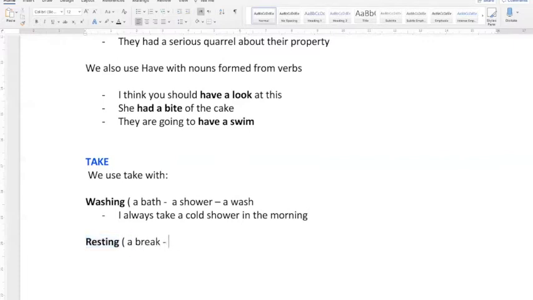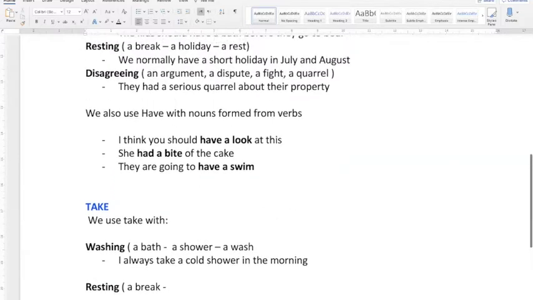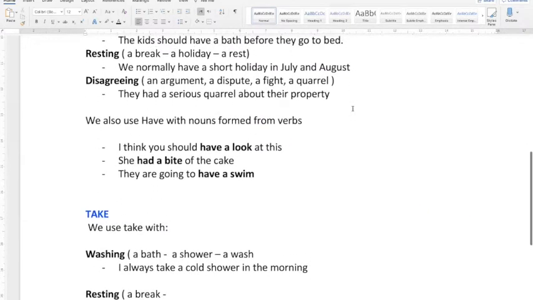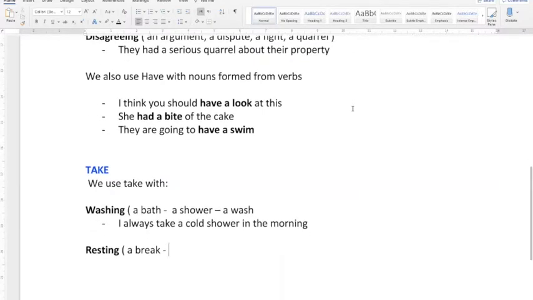As we just discussed earlier, we normally have a short holiday in July or in August. And here you can say, we normally take a short holiday in July or in August. That is exactly the same thing. So you can use the word take, talking about a break, a holiday, or a rest.